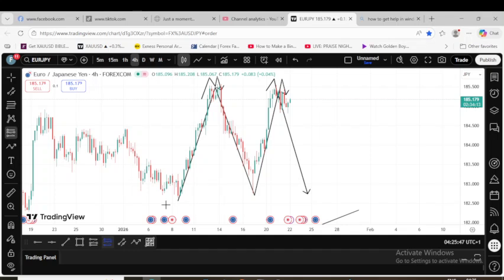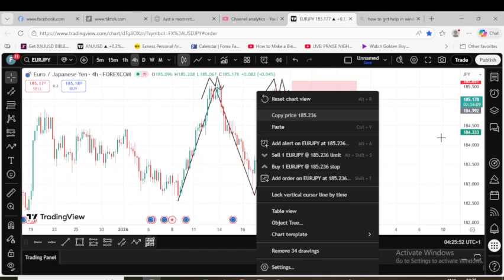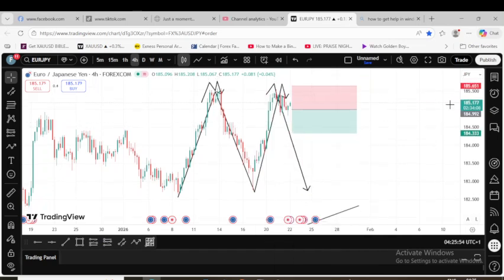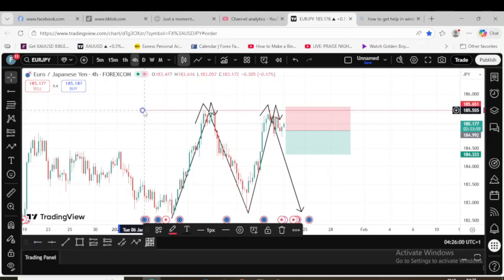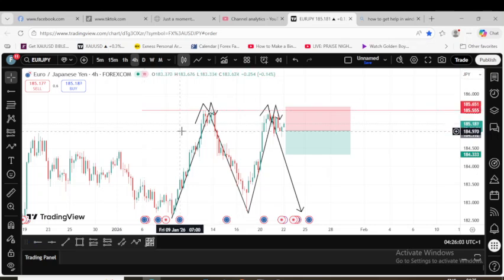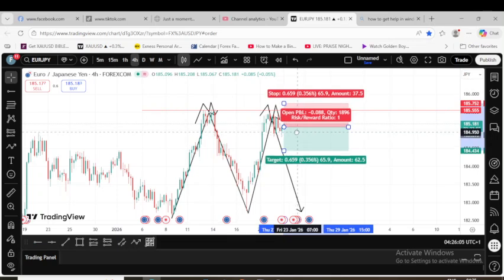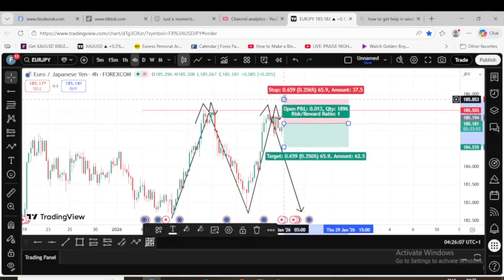So based on the small M patterns that have appeared here, and especially considering that these two M patterns have appeared on the same level of price, on the same resistance level, I could actually enter this trade directly here.